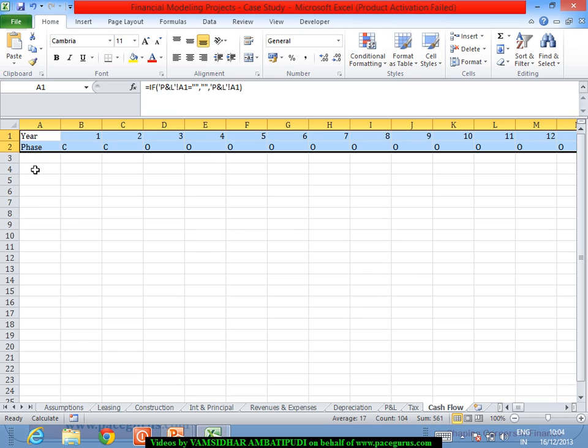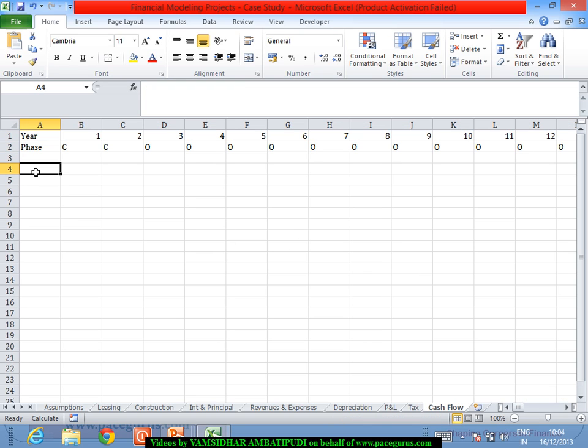Now, as part of the cash flow statement, in a typical mechanism to prepare the cash flow, I would look for the PAT, and to this I add depreciation. That's a typical way we prepare a cash flow statement.